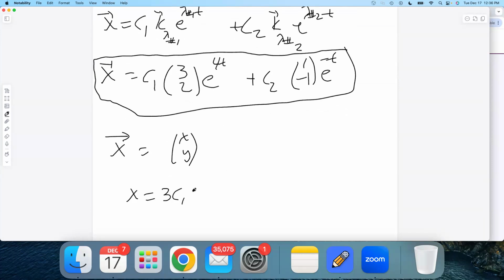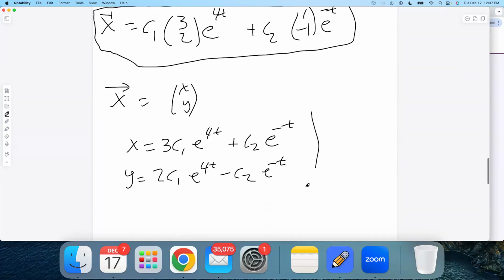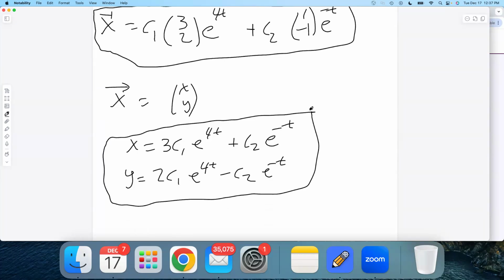So all along the top is x, little x: 3c1 e to the 4t plus 1c2 e to the -t. And all along the bottom, 2c1 e to the 4t will be my y, minus c2 e to the -t. Now, our solution here is still coupled in terms of c1 and c2.